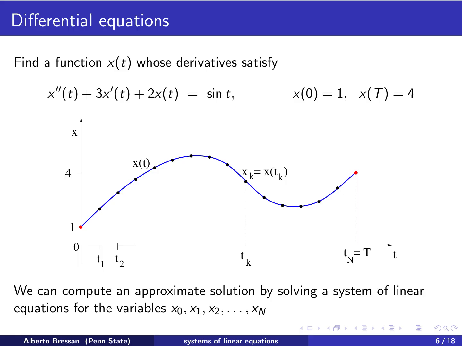So in the end we have a large system with many unknowns and equations, and we want to solve it, and we will find the values of xk, an approximation to the exact solution.